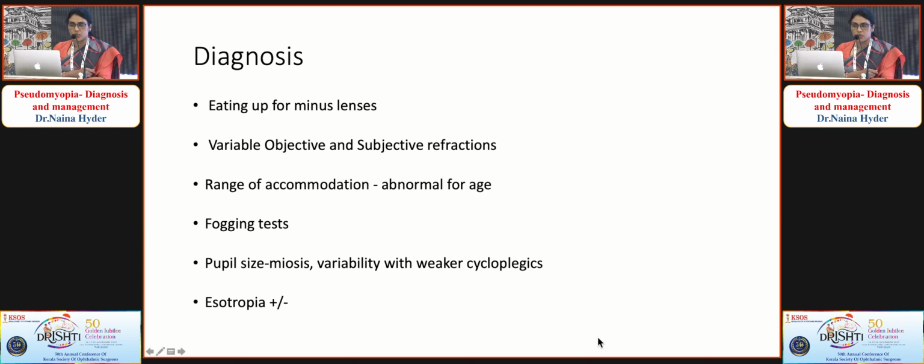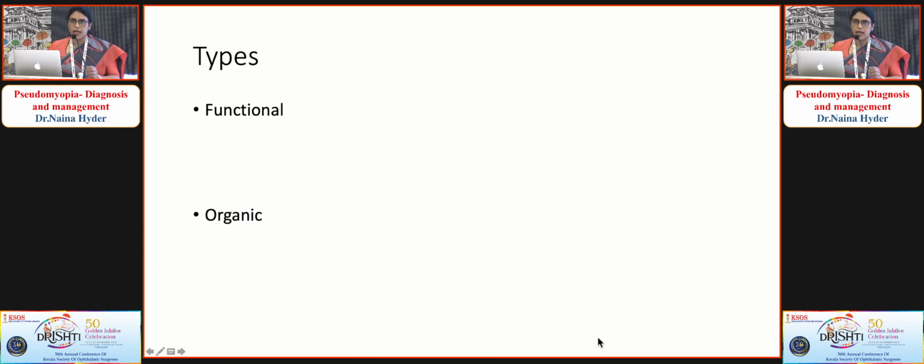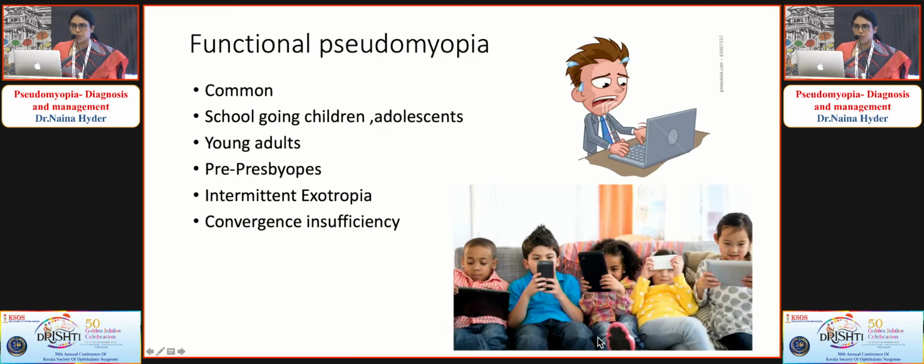There is variability with the weaker cycloplegics. Sometimes you do get esotropia, which can be plus or minus in these patients. Coming to the types of pseudomyopia, it is divided as functional and organic, according to Duke-Elder. The functional pseudomyopias are common. They occur in school-going children, adolescents, young adults, and pre-presbyopia.